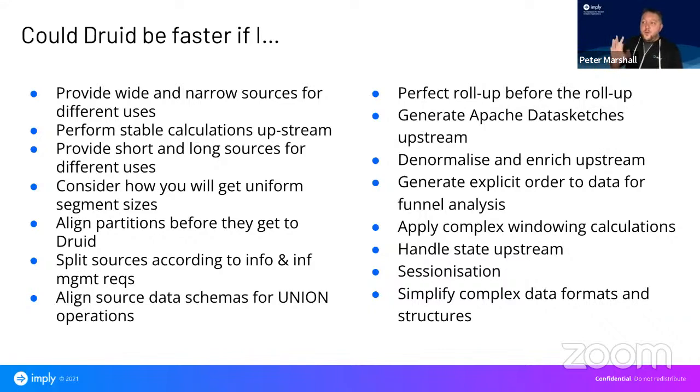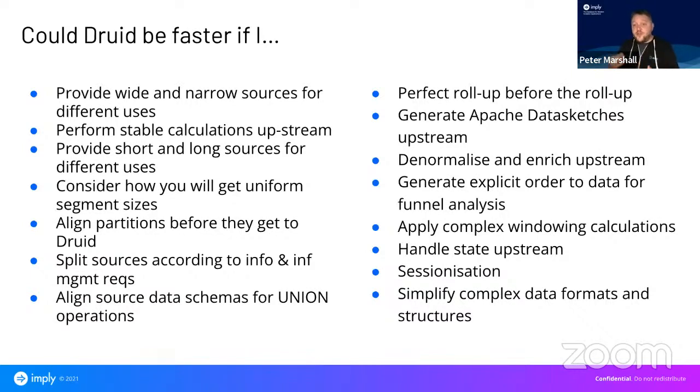Think about wide and narrow sources for different use cases. Think about where you're going to do those calculations to front load queries. Think about short and long sources by using filtering. Think about splitting your sources according to different information management requirements. Definitely investigate rollup, and definitely go and have a look at Apache Data Sketches to see if you can use approximation.